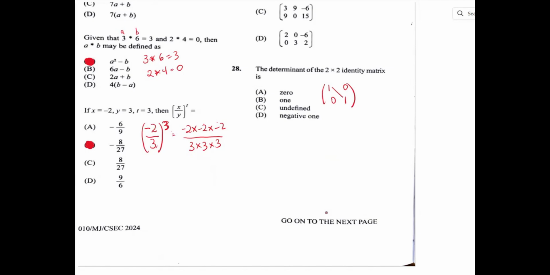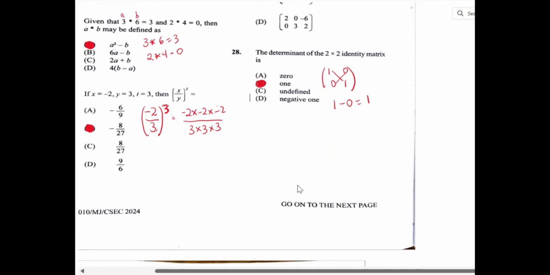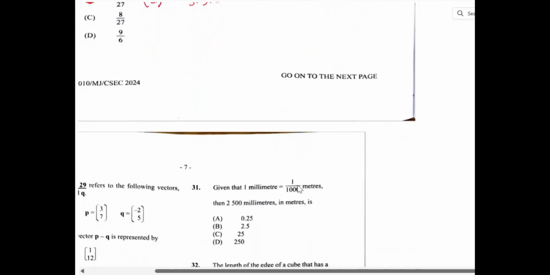We're multiplying 1 by 1, and we're taking away 0 by 0, and we will get 1. And I think this is something that is learnable, huh? Don't always have to work it out. For the 2 by 2 identity matrix, the determinant will be 1. I think that is something that you could learn off instead of having to work it out.